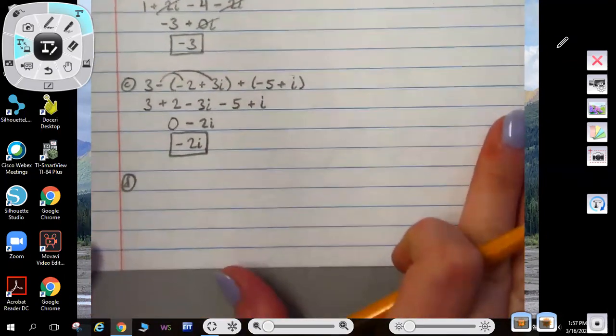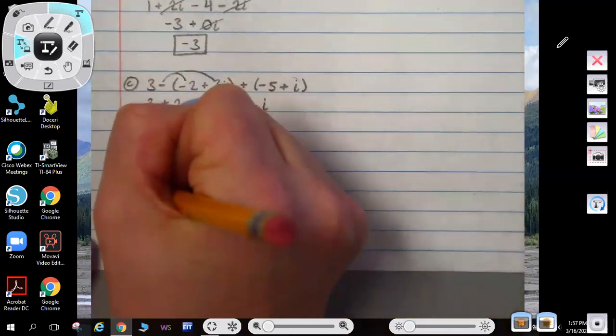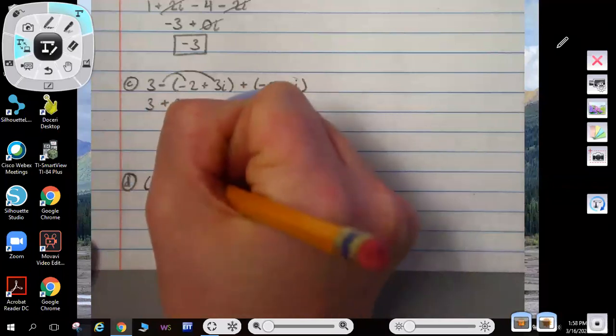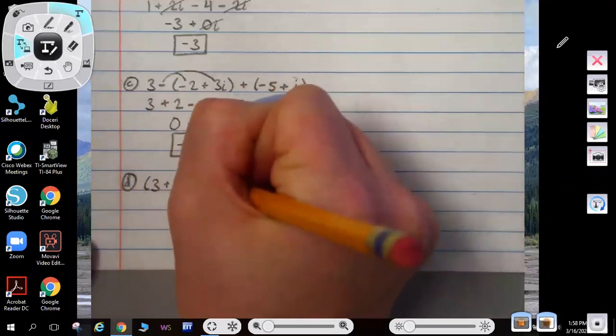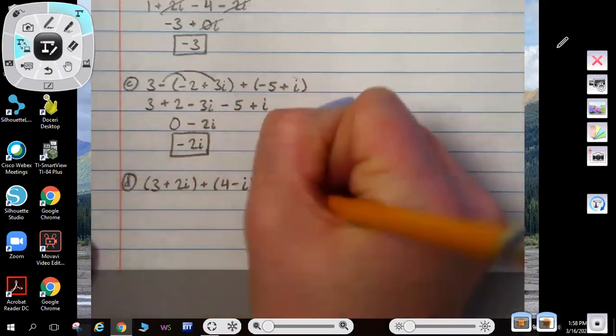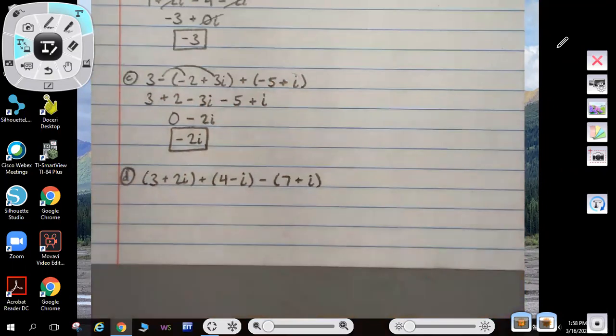Okay, last part of example 1, part D. Three plus 2i plus 4 minus i minus 7 plus i.